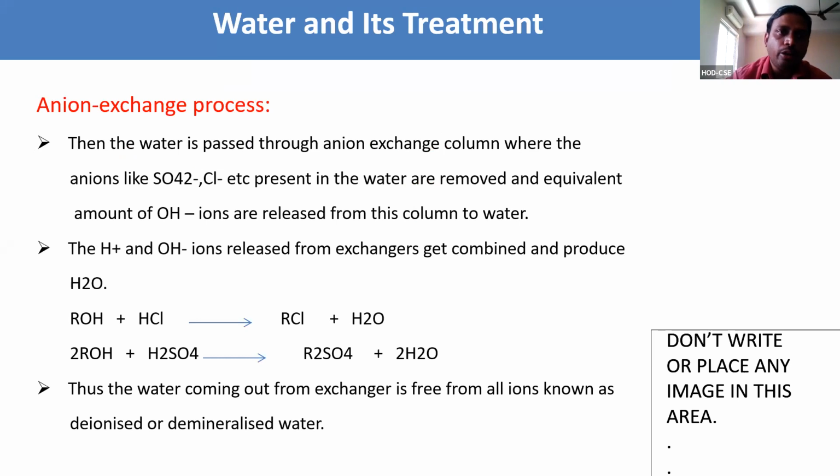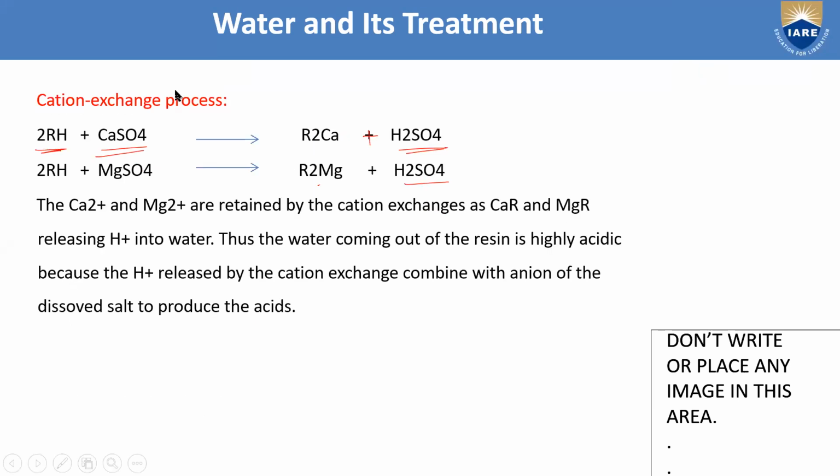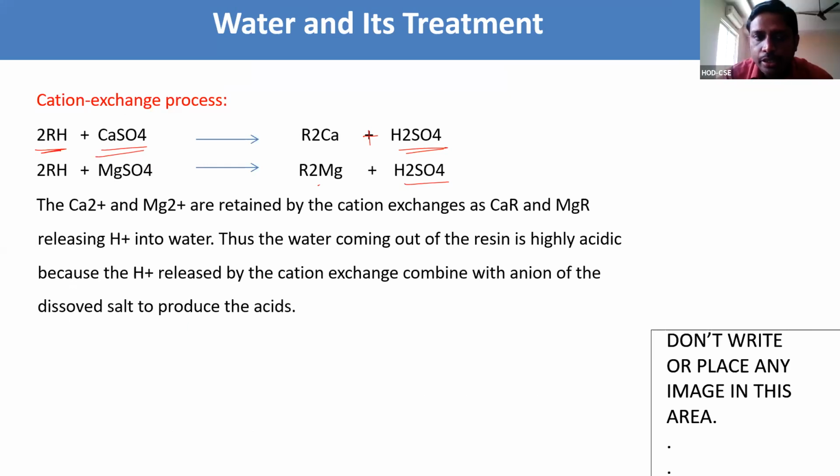Now, in the anion exchange resin, what happens? First, the previous slide: these are the cation exchange resin reactions. RH plus CaSO4 forms R2Ca plus H2SO4, so the byproduct is acid.